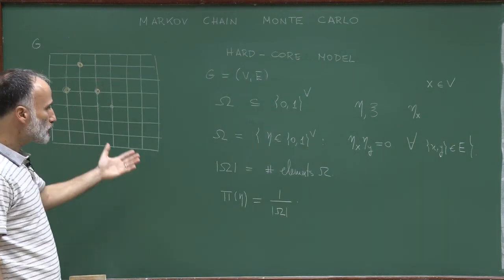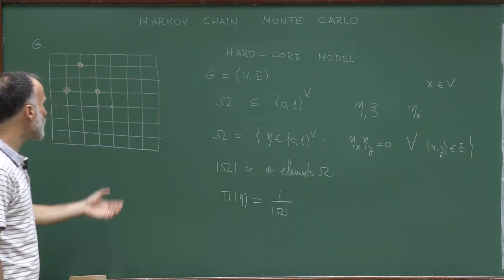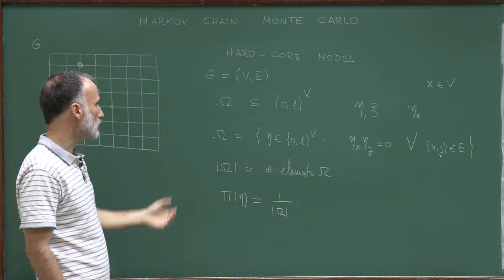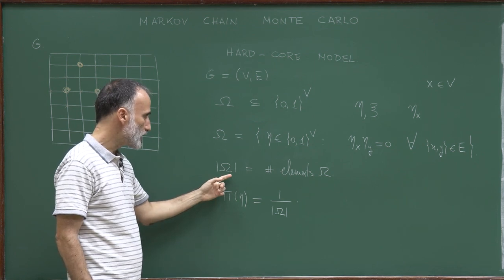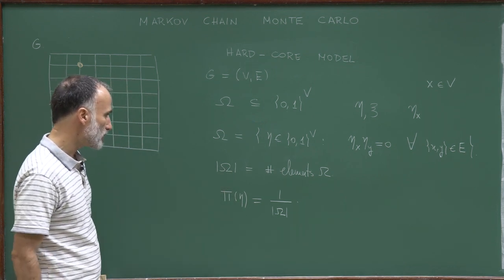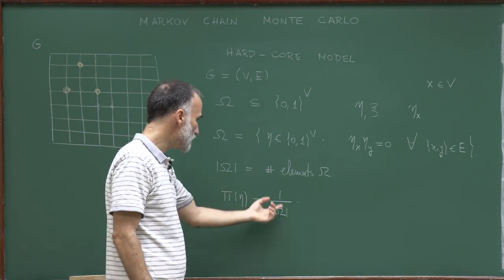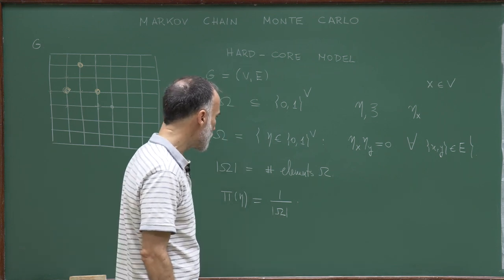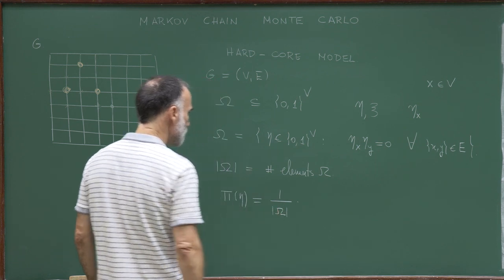Of course, the problem here is that it's very difficult to compute the total number of configurations of a graph, unless the graph is very small. Otherwise, it is very complicated to compute exactly. This measure is very simple: it's the uniform measure on all configurations. The problem is that we can't really access the value of omega.